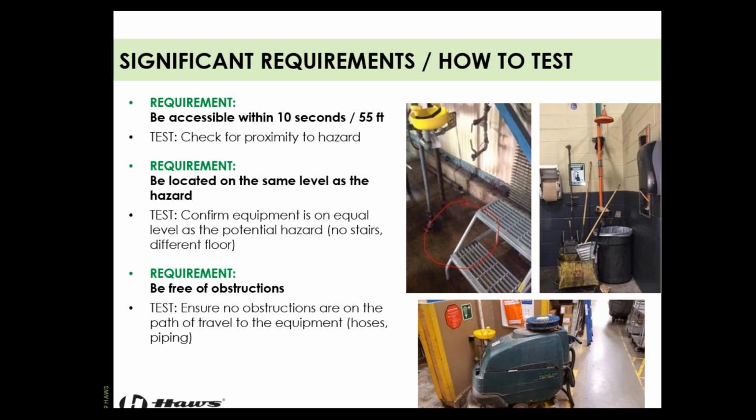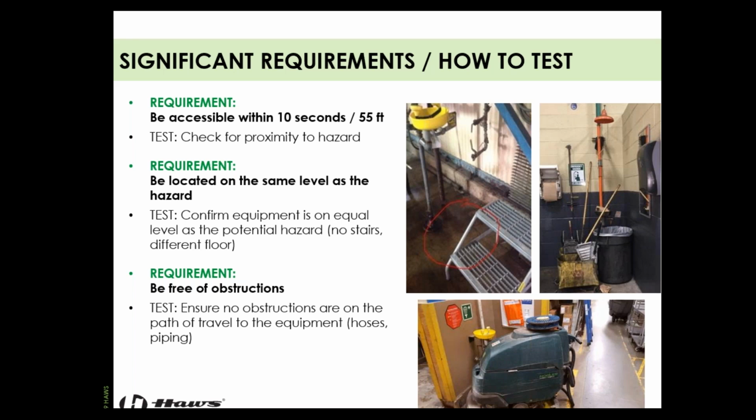And they didn't define whether it was walking or running, and you're going to be impaired, likely your sight, especially if it's a chemical spray hazard. So 55 feet is a good measurable distance that they added to give us some more guidance. For that test, you're just checking proximity to the hazard. Get a tape measure, check the distance, and you're good to go.